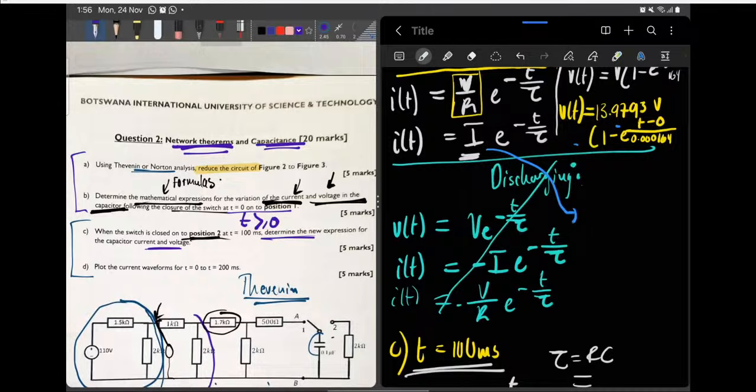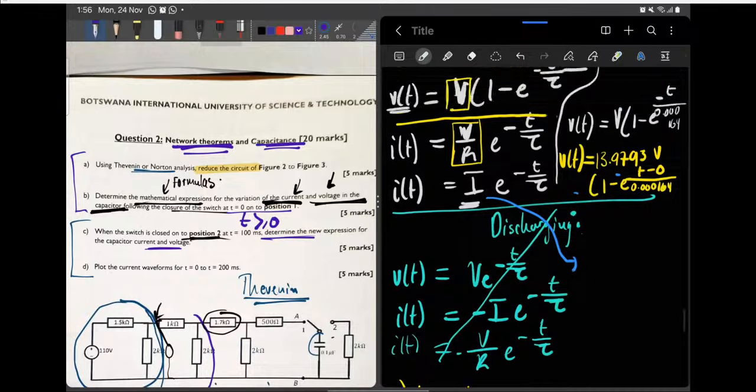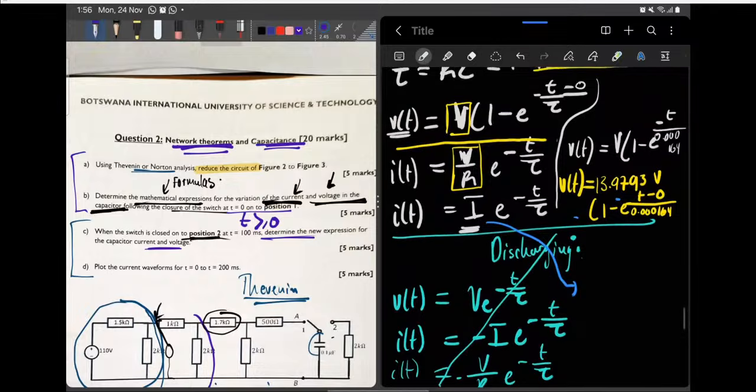Here we have found it for V, so you leave it like that. That is going to be the one for V. We're now going to say I as a function of t. Now what we need to do is say V is IR. So here we do know the resistance.